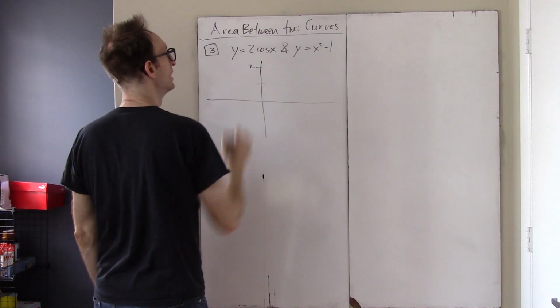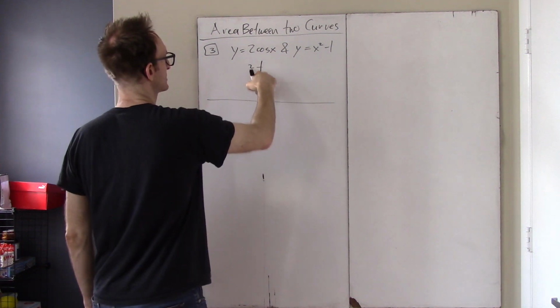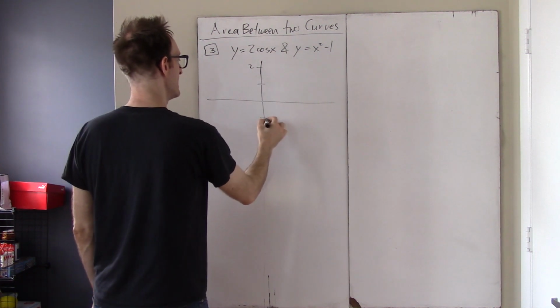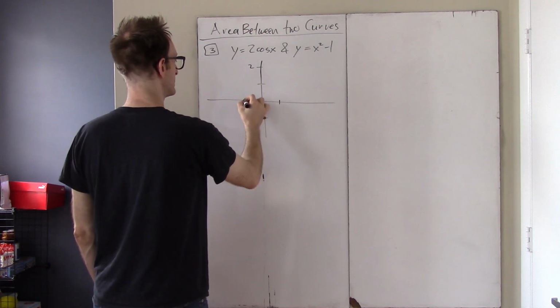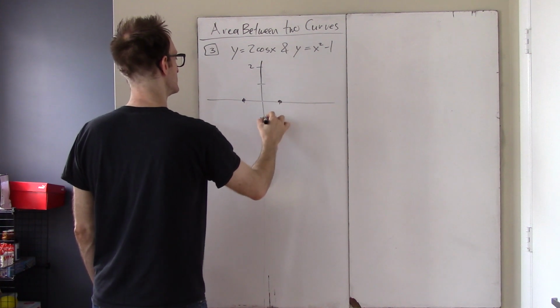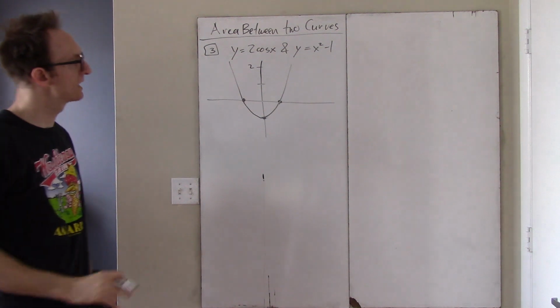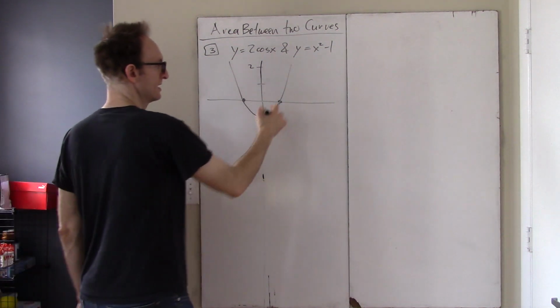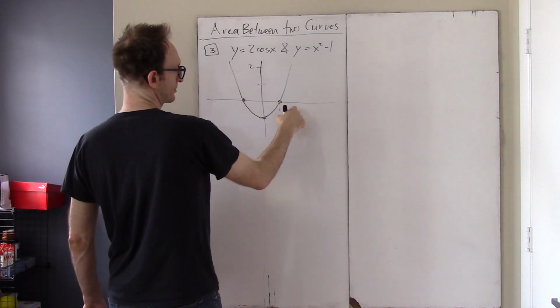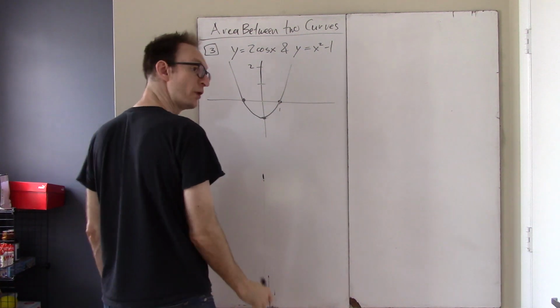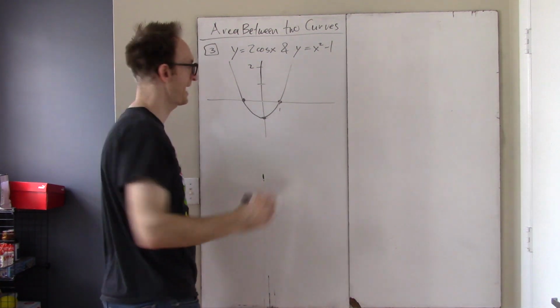Here's 2, and this is cosine, so okay, what do we have here? X squared minus 1, so that's going to intersect here and here. So we have, that's x squared minus 1, and cosine, if that's 1, I guess it will cross at pi over 2, which is 1.5 or so.